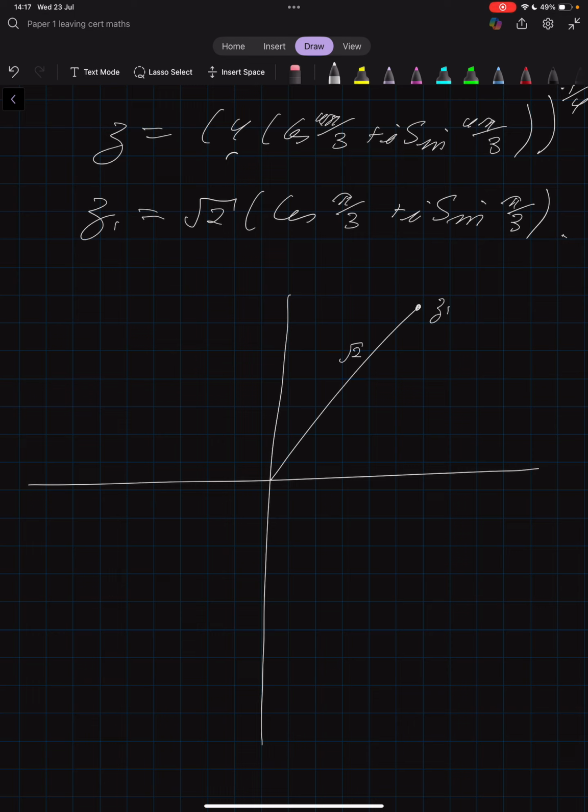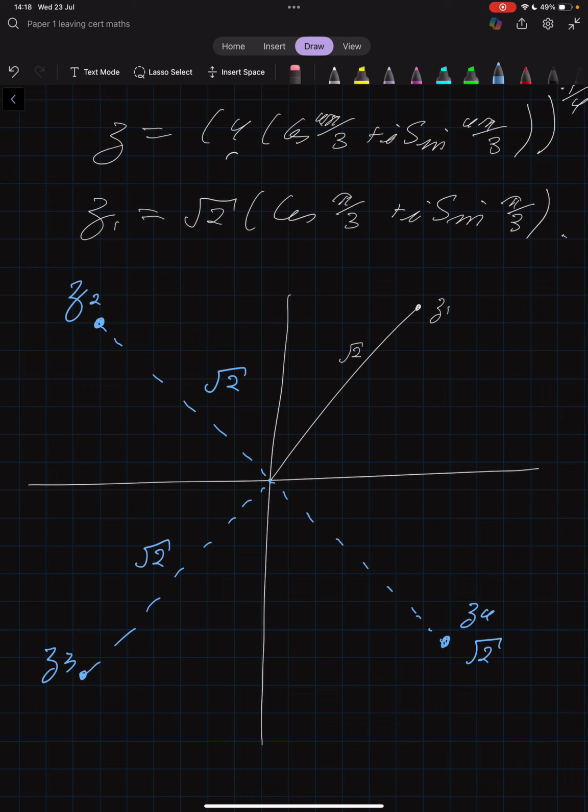To find the other ones, what you do is you split the page into 4 equal parts. Make all the lines the same length, like so. This would be Z2, Z3, Z4, where all of these are going to be at 90 degrees. So you're just adding 90 every single time.